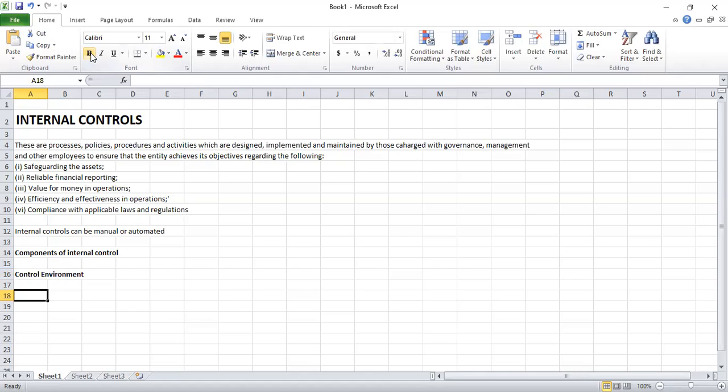When we're talking about the control environment, this is the environment in which the organization is operating. It can either promote the working of the internal controls, or it can weaken the working of the internal controls. For example, if there's a corrupt management team and corruption is cascaded throughout the organization, regardless of the controls in place, they will always find ways of making sure that they are ineffective.